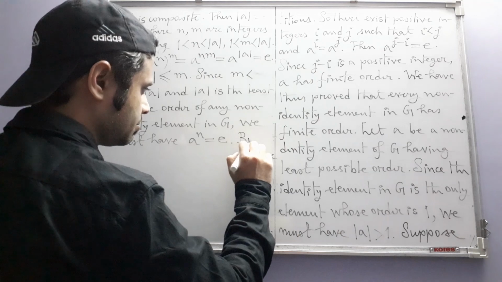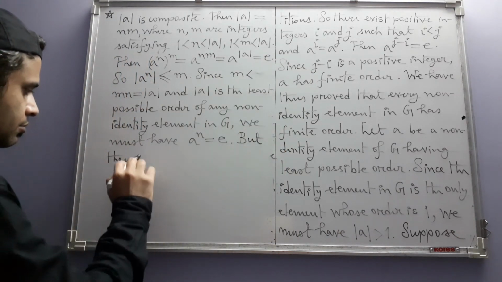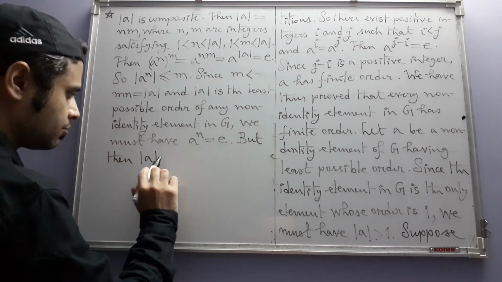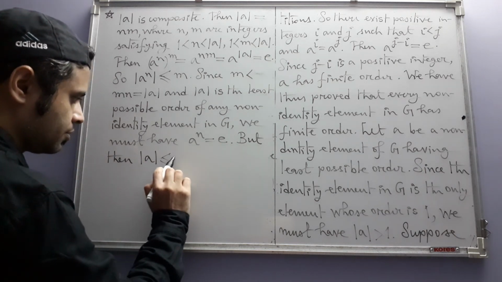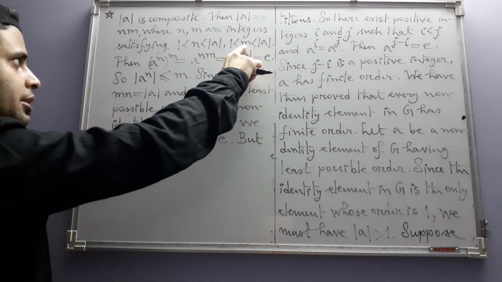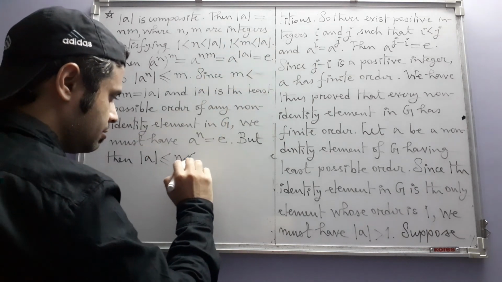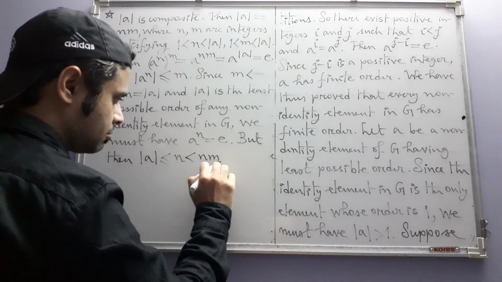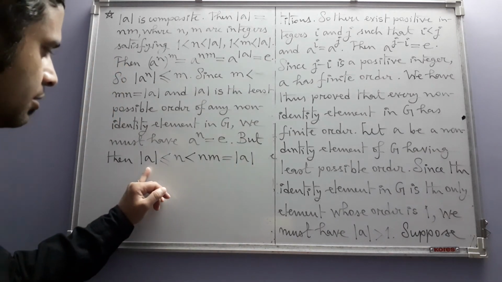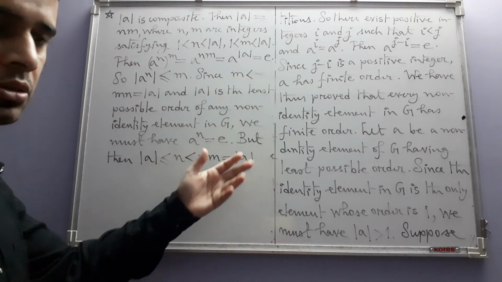But then according to this equation, the order of a should be less than or equal to n. Now you multiply on both sides of this inequality by n and you get, now this is an absurdity, the order of a becoming strictly less than itself, which is not possible.